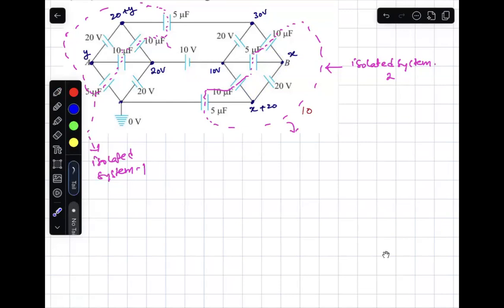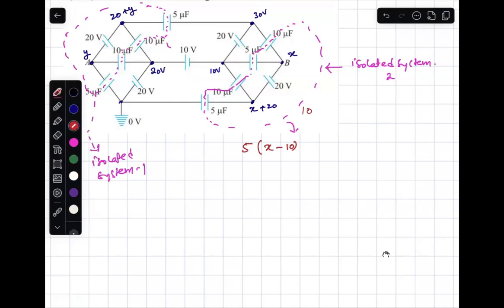First easiest thing is, I forgot CV. We are writing CVs actually. So 5 times x minus 10. Hello, that is a path.